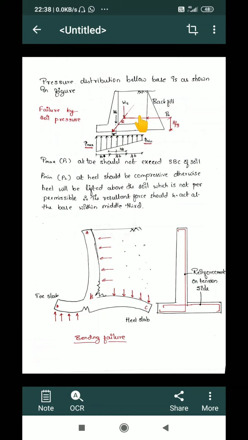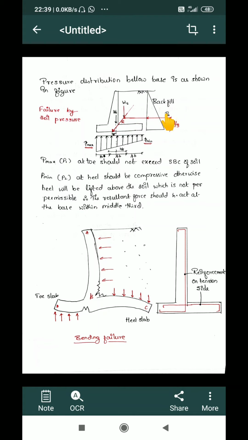So the weight of the soil acting in this portion, I'll consider as W2, and this W2 will have a certain center of gravity, and the total weight of that soil will be acting along that center of gravity. And this is the center of gravity of the retaining wall, or you can say the stem.